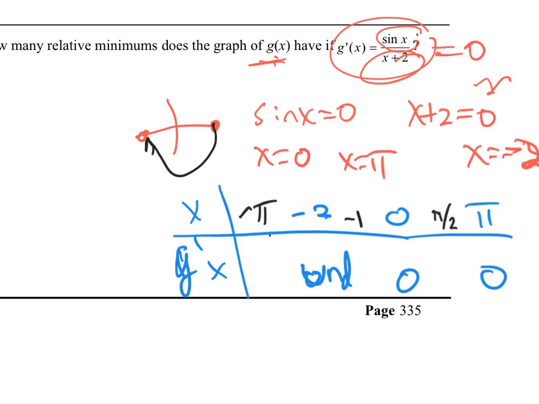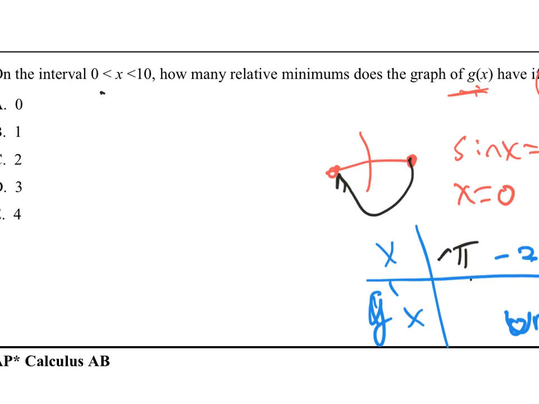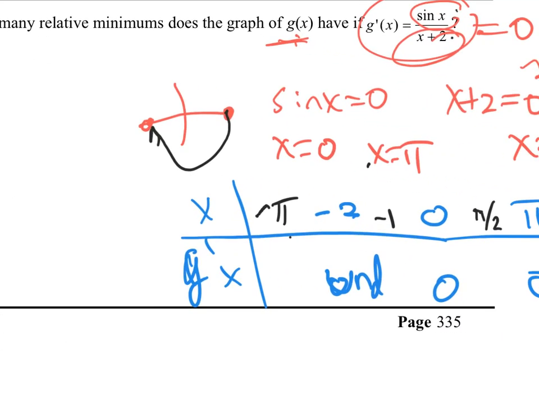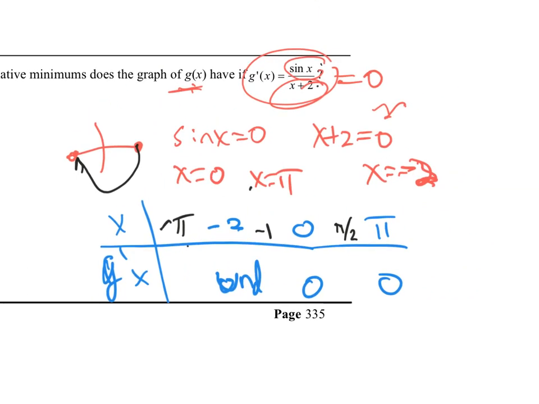Never thought of a negative pi being in it, but we never use x's that are, probably we go from 0 to 2 pi when we talk about trig. And actually this graph, I'm sorry, we're going from 0 to 10. So I'm not even going to worry about this -2. What am I even concerned about?